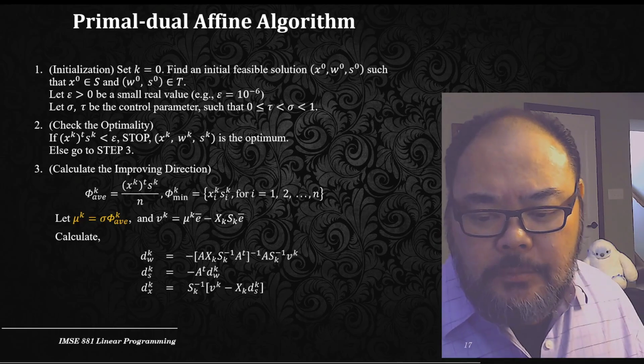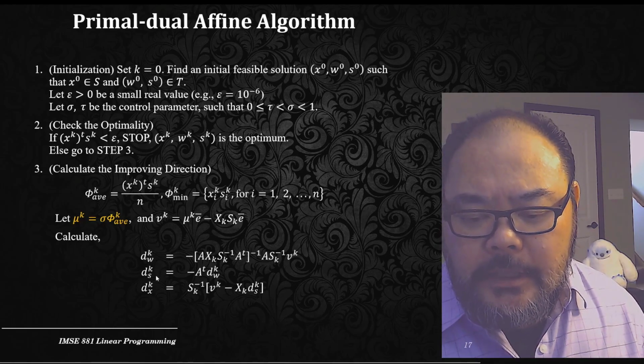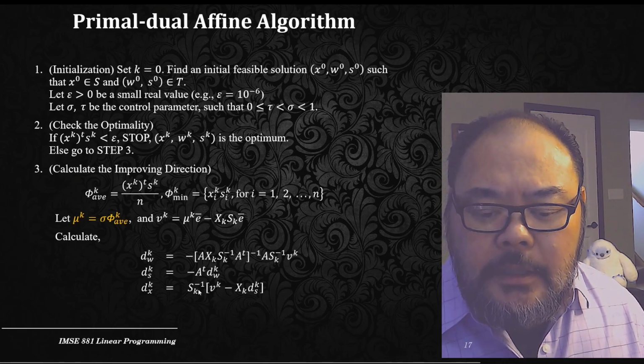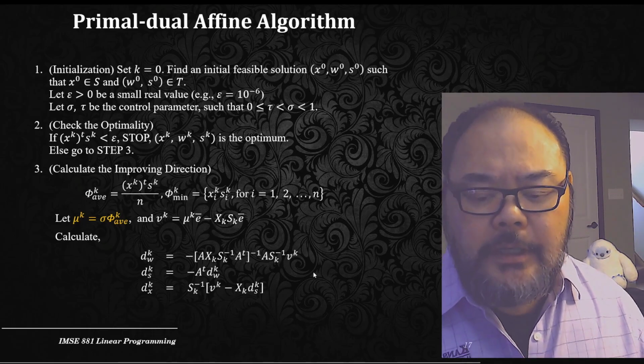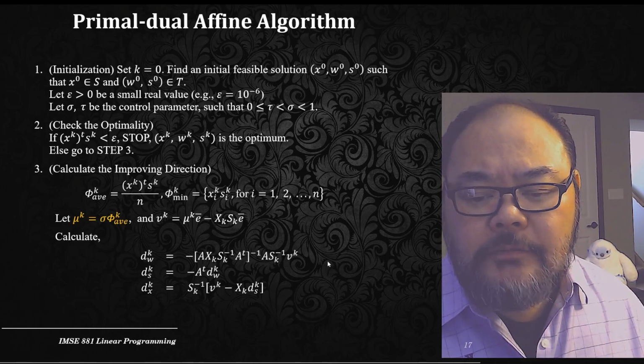So this is a simplified version to calculate d omega k, then dsk based on d omega k. Then dxk can be calculated based on dsk. So we calculate the improving feasible solution.